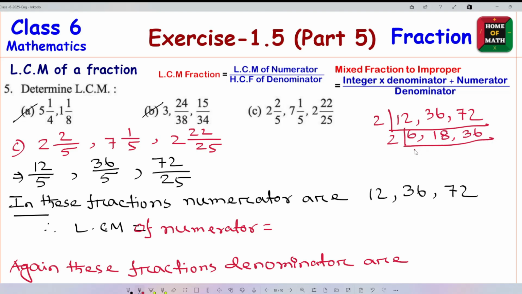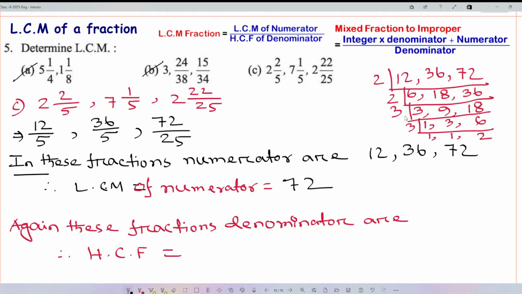Again we can divide by 2, so here is 3, here is 9, and here is 18. Now we can divide by 3, so here is 1, here is 3, and here is 6. Again we can divide by 3, so here is 1, 1, and here is 2, right? So 2 times 2 is 4, 4 times 3 is 12, 12 times 3 is 36, 36 times 2 is 72. So our LCM of numerator is 72.